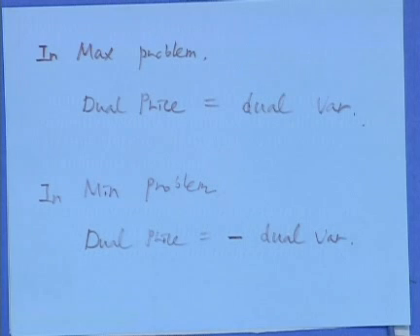And this dual price is sometimes called the shadow price because it tells us how much we should be willing to pay for additional units of resource, that is, the right-hand side value. Okay?